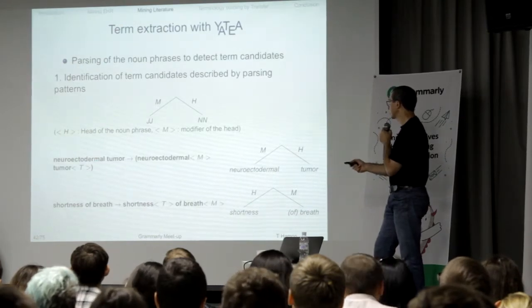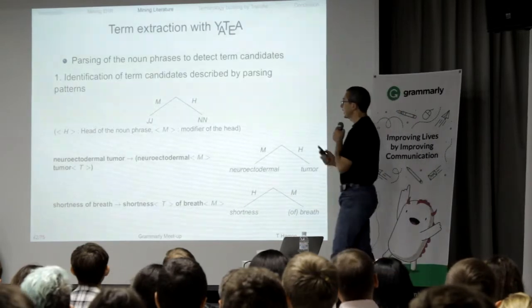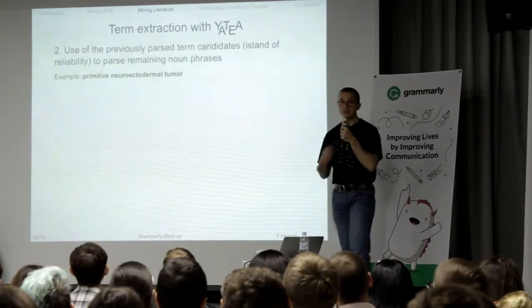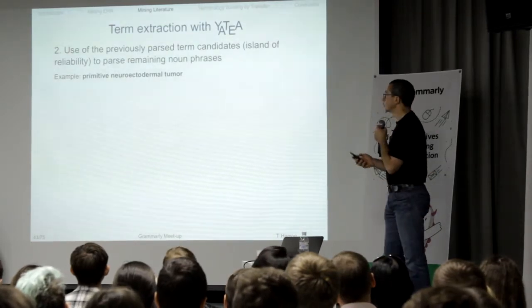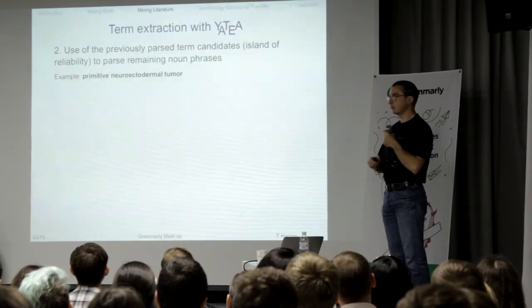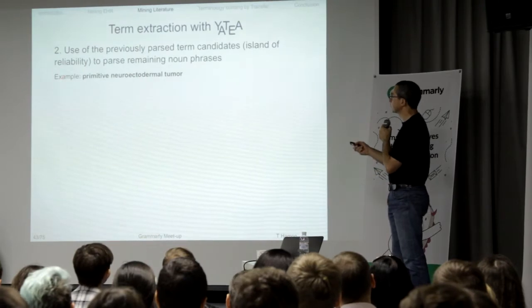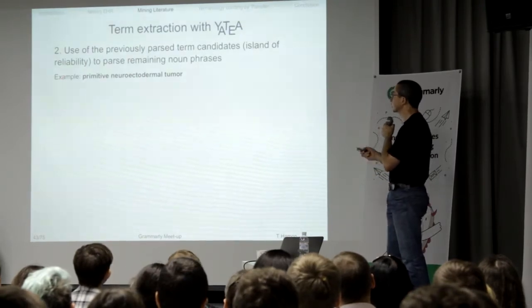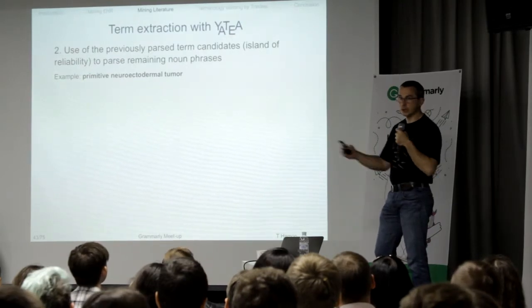"Extra grammar" can be parsed in such a way. This is the first step. And then we reuse these already parsed terms to parse all the bigger noun phrases, for instance "primitive extra grammar", and so on. There is no limit to such a process.